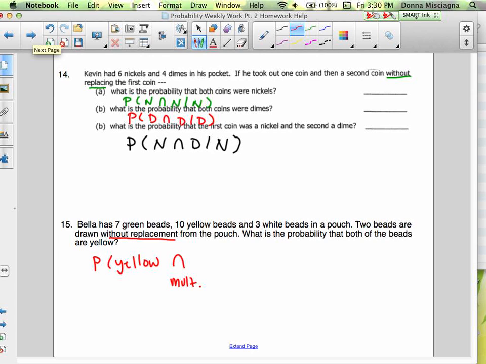You always multiply when there's more than one event. So yellow bead, and then times the probability that she picks a yellow, given the first was yellow.